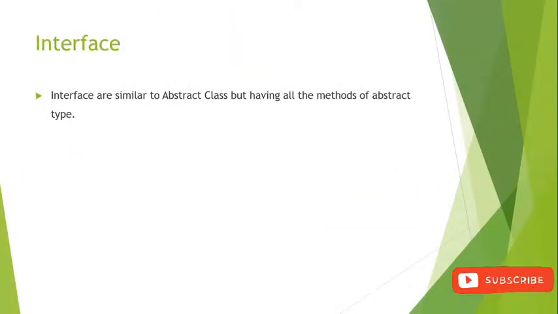Interface is similar to the abstract class, but all the methods present inside the interface are of abstract type. Yesterday we saw the abstract class. Inside the abstract class, which types of methods are present?